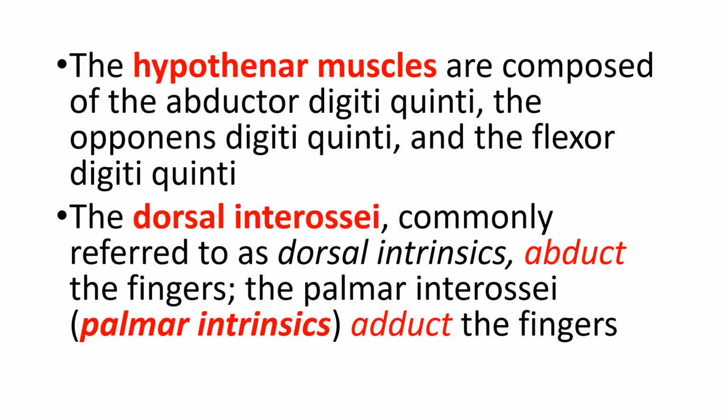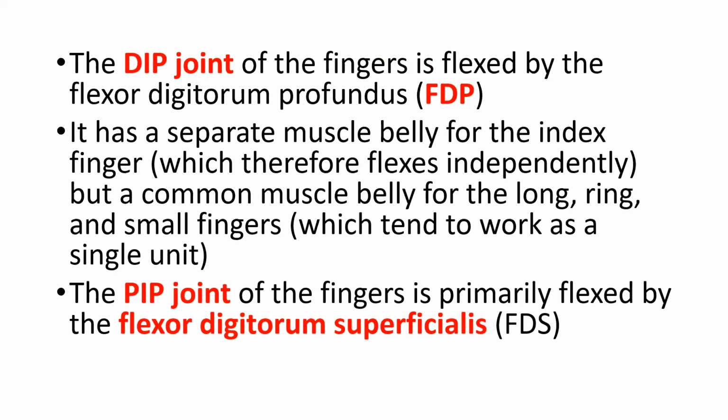The hypothenar muscles are composed of the abductor digiti quinti, the opponens digiti quinti, and the flexor digiti quinti. The dorsal interossei, commonly referred to as dorsal intrinsics, abduct the fingers, and the palmar interossei adduct the fingers, supplied by the ulnar nerve.